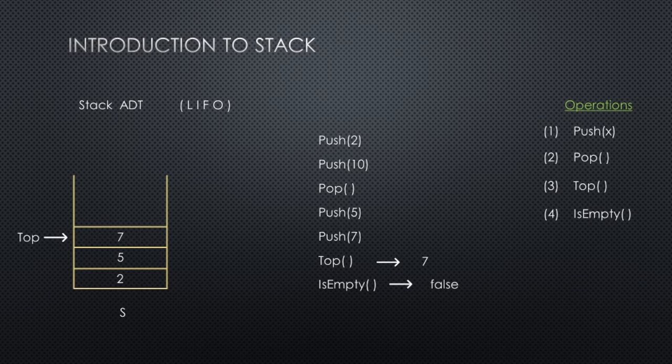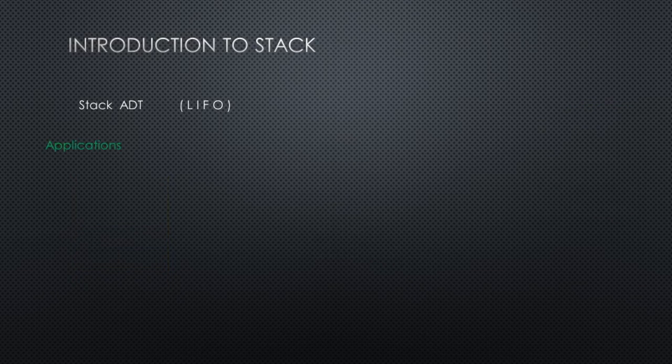Now, one obvious question can be, what are the real scenarios where stack helps us? Let's list down some applications of stack. Stack data structure is used for execution of functions in a program. We can also say that stack is used in recursion. Recursion is also a chain of function calls, it's just that all of the calls are to the same function.